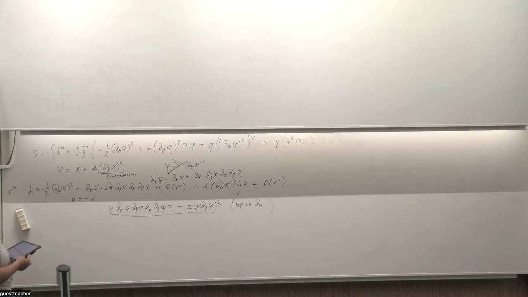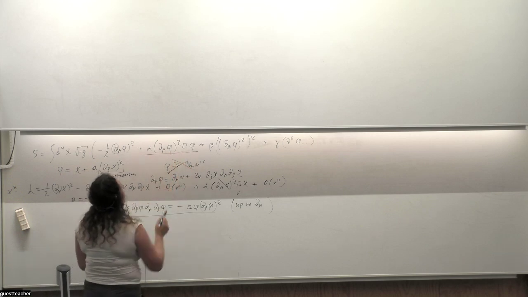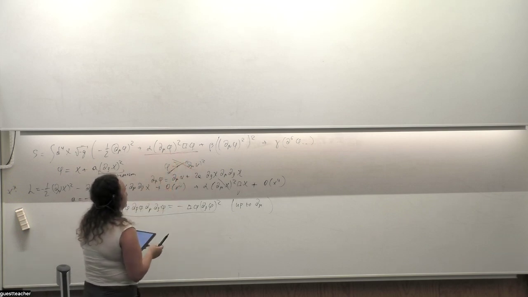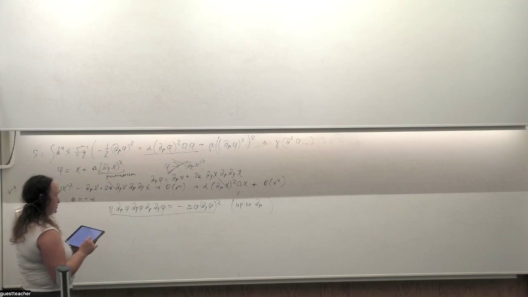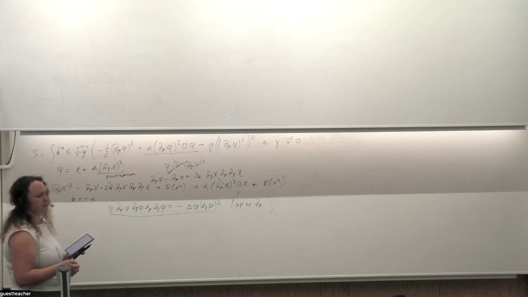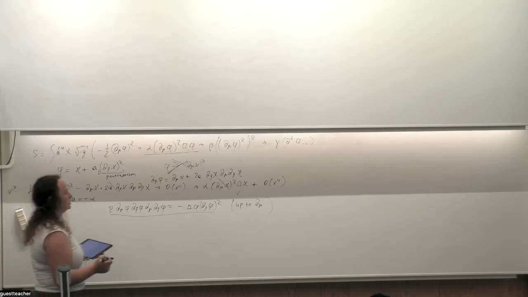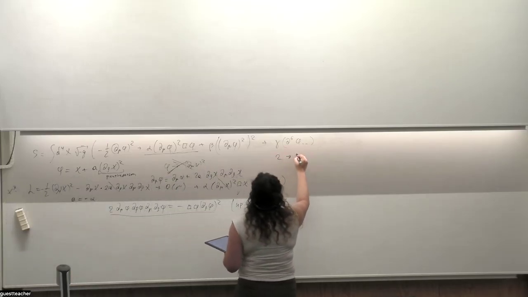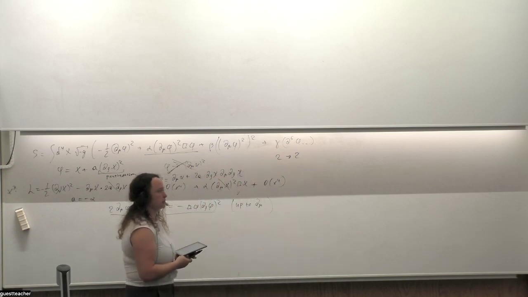This kind of term will not contribute to tree-level scattering of phi fields, but it will contribute to higher point scattering. Still there will be some trace of this term in the EFT, but if we are interested mostly in 4-point scattering amplitudes, we can simply keep only terms which contribute to 2-to-2 scattering.